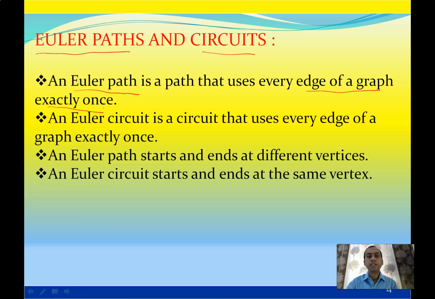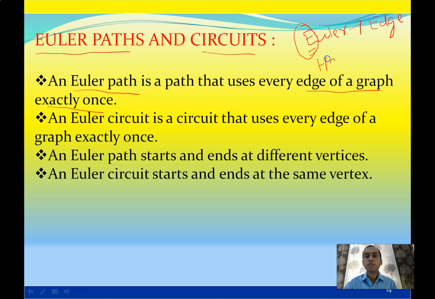An Euler path is a path which uses every edge. Euler, E-U-L-E-R. Okay, so you remember here is E. E means E, elephant. So it is related to edge, E-D-G-E.